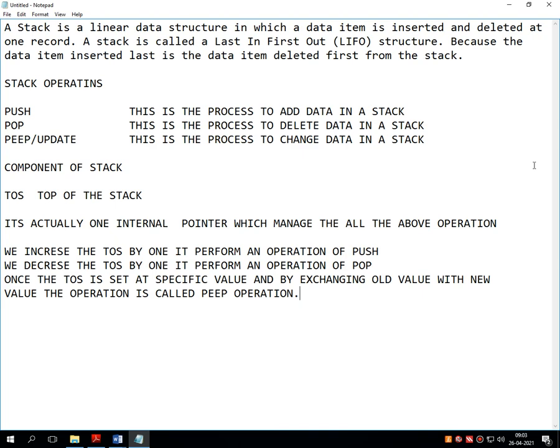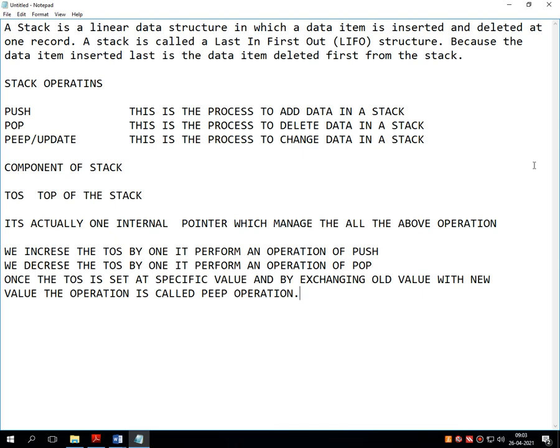These operations are an operation of push, an operation of pop, an operation of pip, or you can say update. Push operation inserts new record, or we can say adds new data in a stack. Pop will delete the last data from the stack, and pip, or you can say update, changes the existing data in a stack.